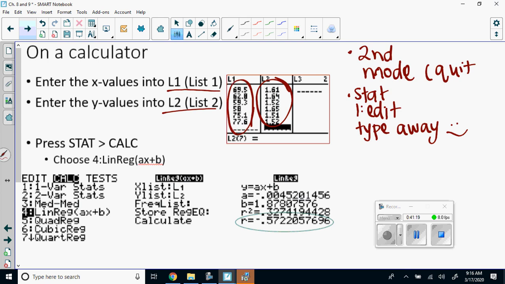And before I move on to the next step, I'm going to check my list and make sure I've typed it correctly so I don't have any mistakes that affect my answer. Okay, I think we're good.